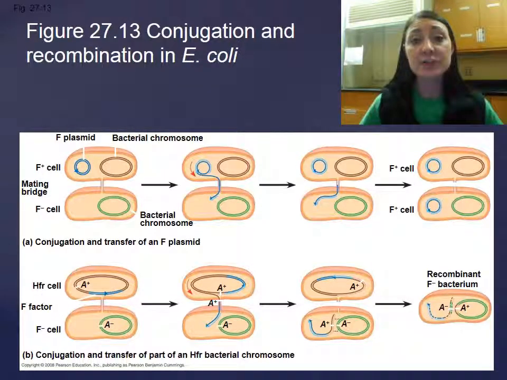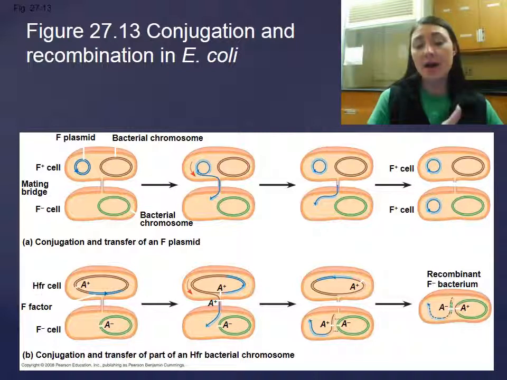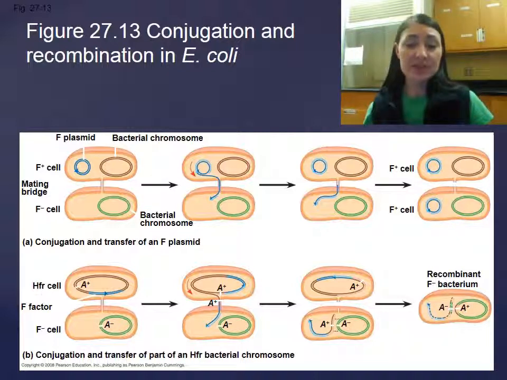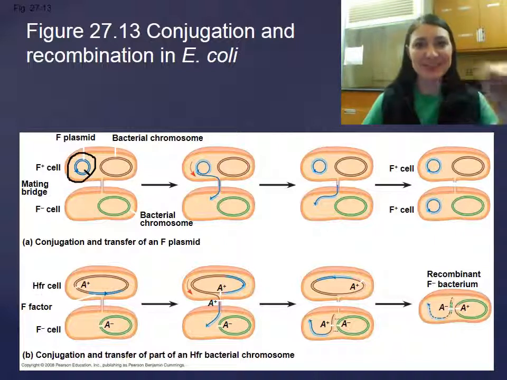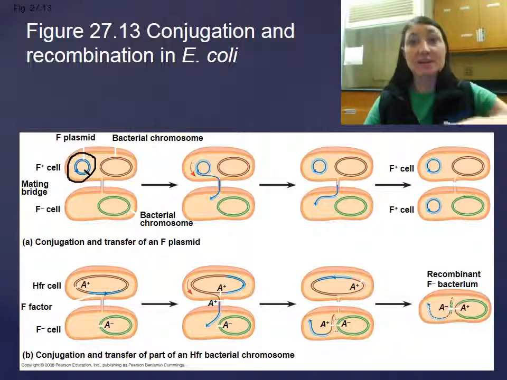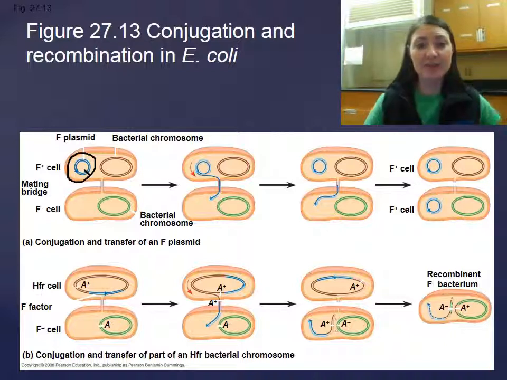All right, so we're going to see two different ways in which conjugation can occur, one in which your F plasmid is transferred to the recipient cell and one in which it is not. In this top example, we see a donor cell that has the F plasmid, and that F plasmid is going to break at a certain point. It will start to unravel and cross through the mating bridge that it has produced because it has the F factor in it.